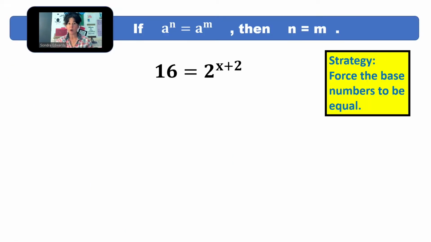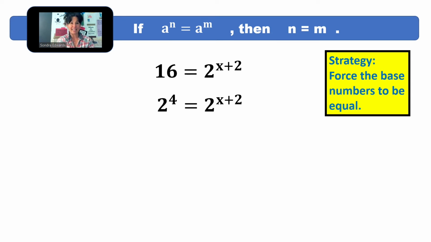Using the one-to-one property, we want to force the bases to be the same. So you're on the lookout for perfect squares, perfect cubes, and so forth. The base on the right-hand side is 2. So thinking about that, how could we rewrite 16 with a base of 2? Well, 2 times 2 times 2 times 2 is 16.